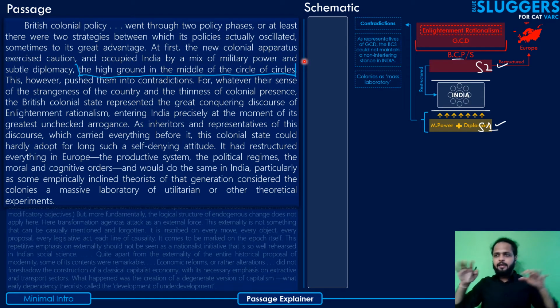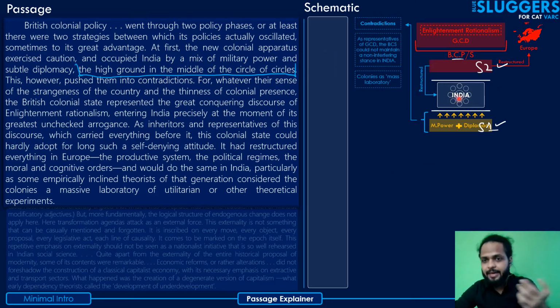We'll just take the high ground and let everyone do whatever they're doing at the ground level. They were not able to settle with this, and I explained the reasons why they ended up going ahead with the transformation of the country. So that's the explanation of the first paragraph.